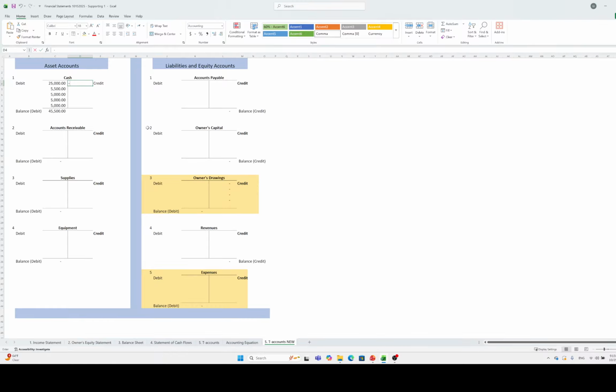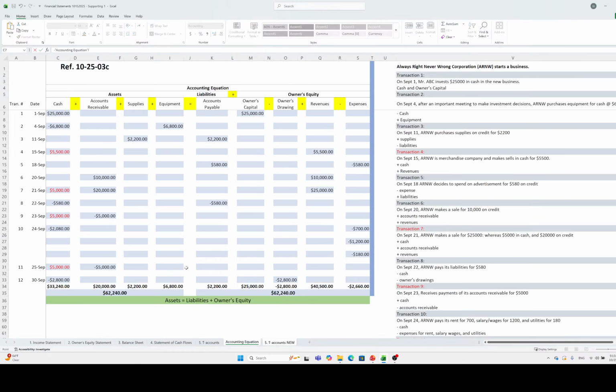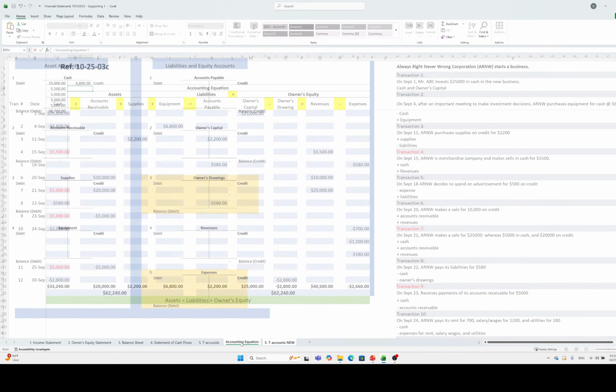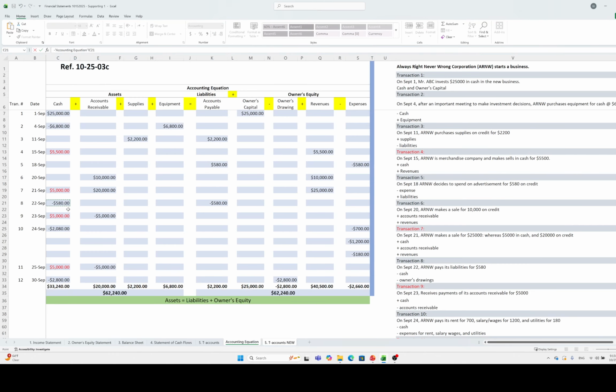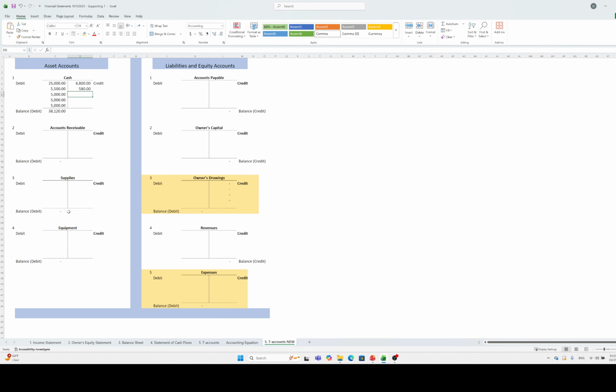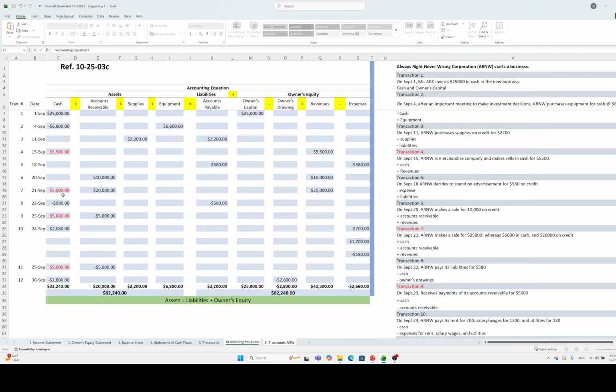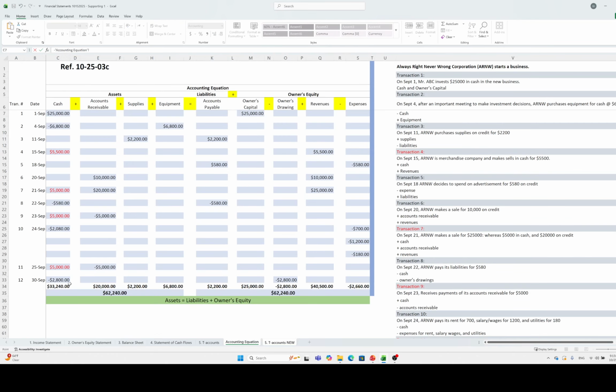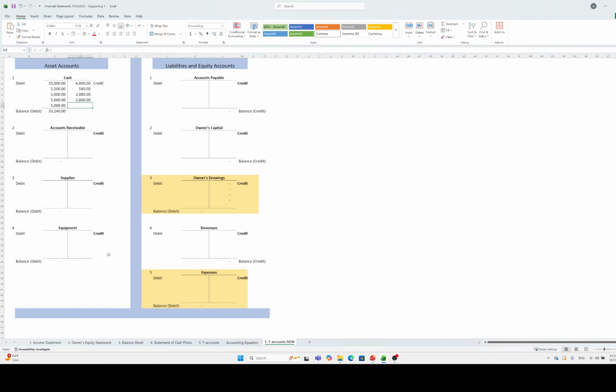On the credit side, we bring all the figures or values that are negative. So it started with $6,800, then we've got 580, then we've got 2,080, then we've got $2,800.